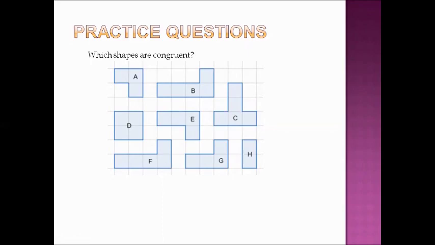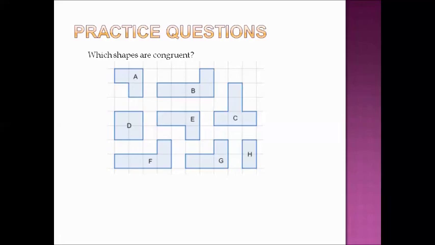Another pair of figures are figure E and G. Yes, in figure G, there are 4 square boxes, and in figure E, there are also 4 square boxes. So figure E and G are also congruent to each other.